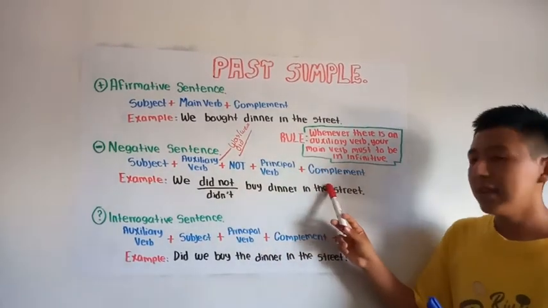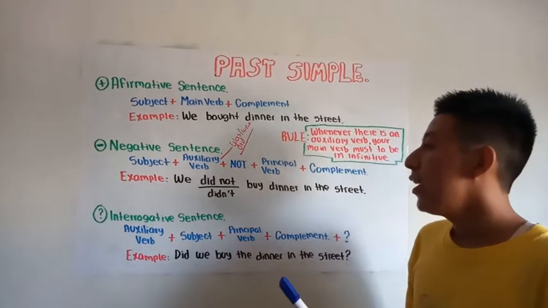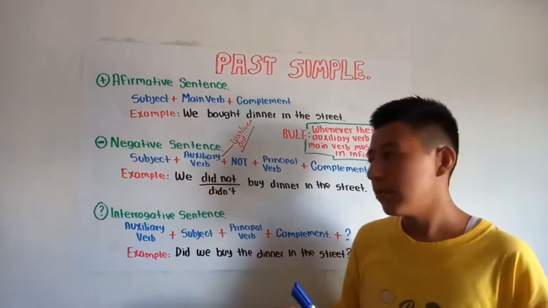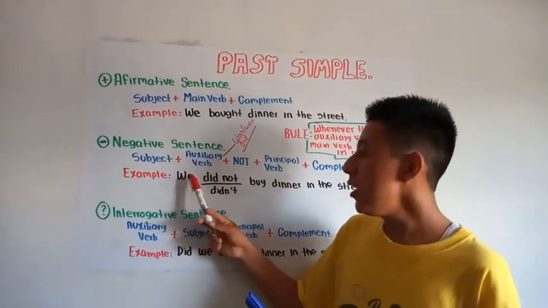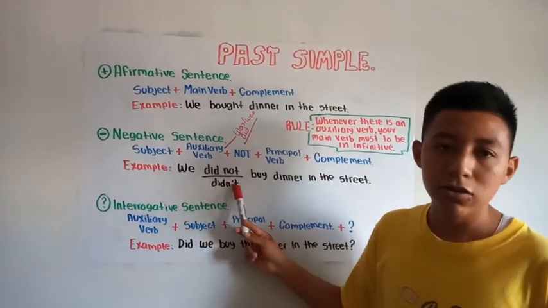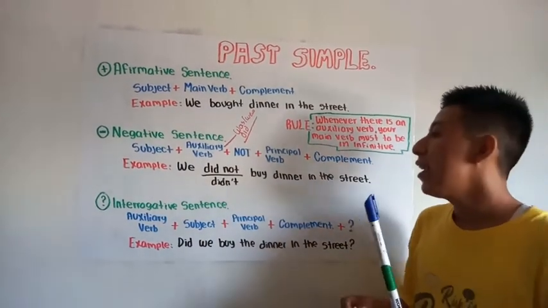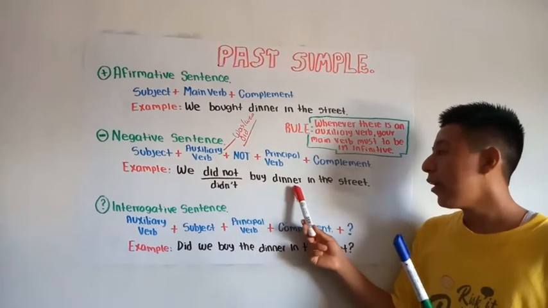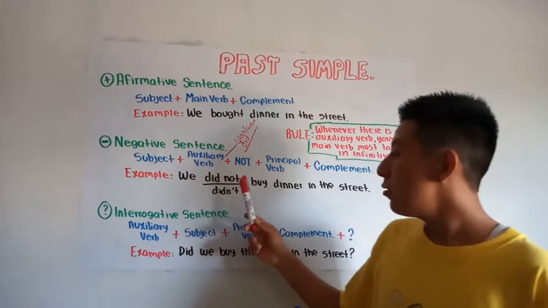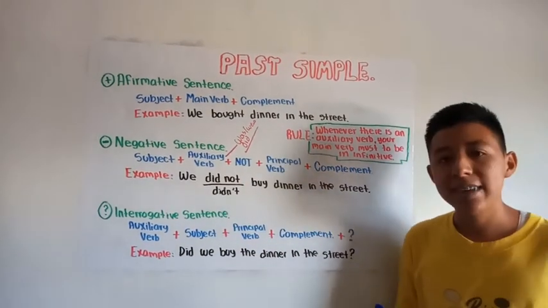And finally, your complement, anything. I have an example of this negative sentence. We did not, or you can use we didn't. It's a contraction. It's right. We didn't buy dinner in the street. In Spanish, it is nosotros no compramos comida en la calle.